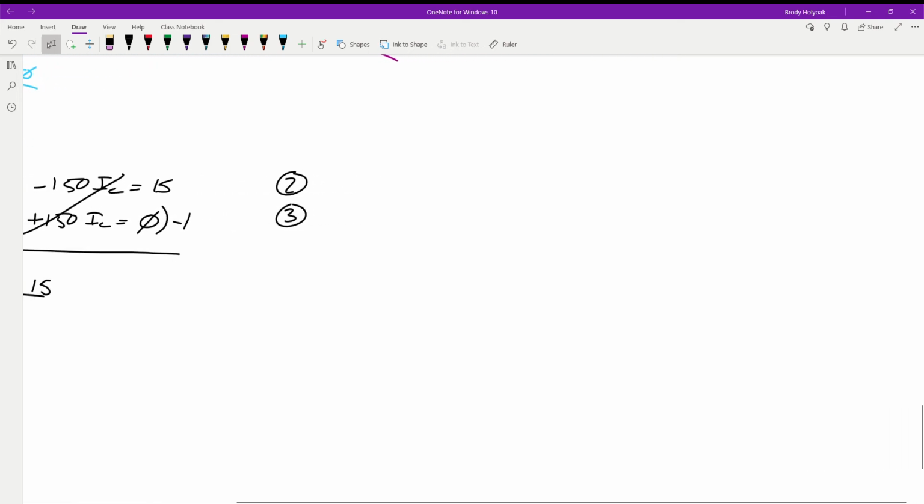So we're going to take equation 2, which was 250 IA minus 100 IB. No, this is 2 and 3. I did 1 and 3, that's what I did, but that's okay.